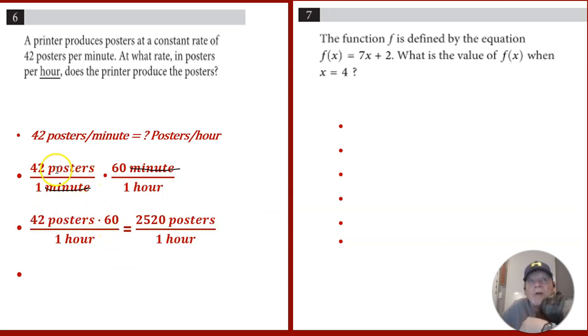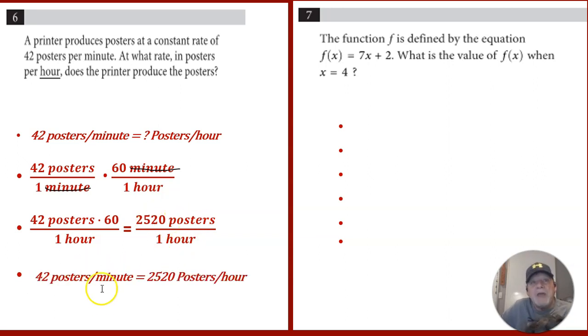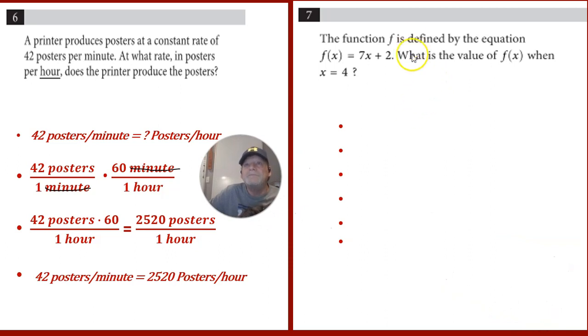So I just multiply across here. 42 posters times 60, 1 times 1 hour, which is 1 hour. 42 times 60 is 2,520 posters per 1 hour. So I could say that 42 posters per minute equals 2,520 posters per hour. Hopefully you got that one right. If you didn't, just take your time in your conversions and make sure you cancel out.